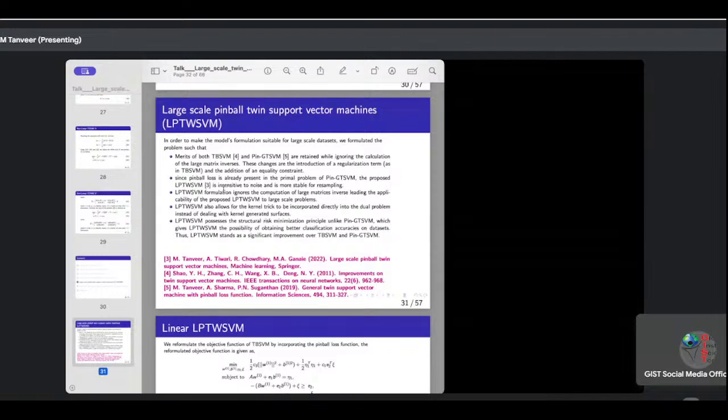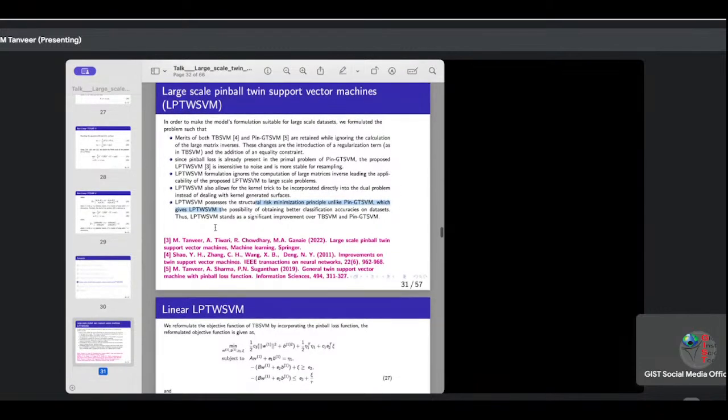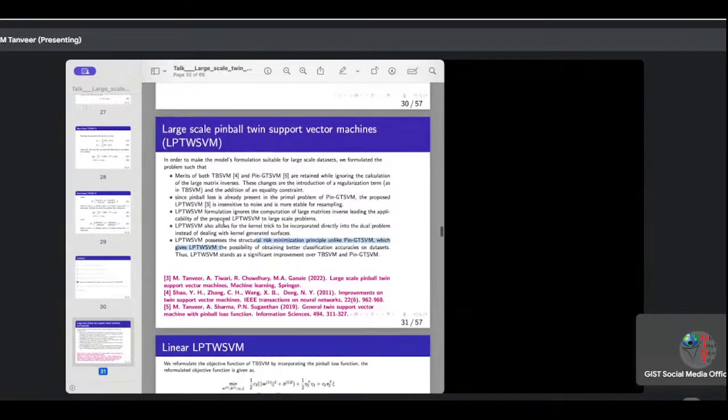It also handles the kernel trick directly in the problem. However, the baseline algorithms of twin SVMs deal with kernel generated surfaces. And the last point is that it possesses the structural risk minimization principle, unlike the baseline algorithm, so it improves the performance. More details are available in this paper, Machine Learning, published in 2022.